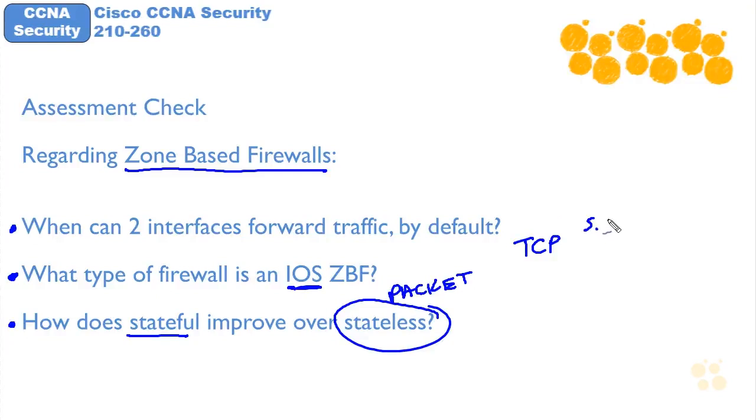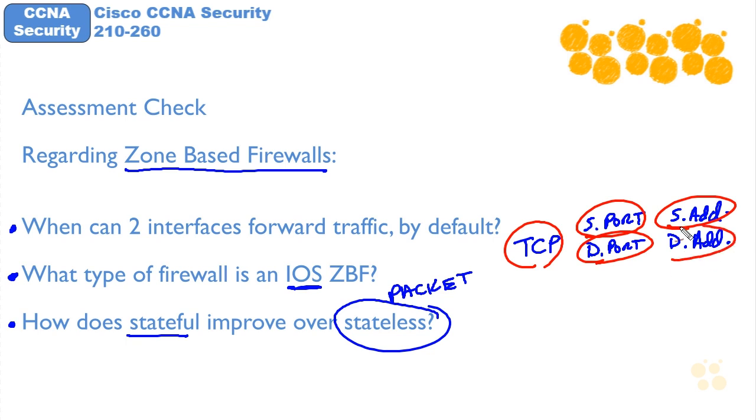So I'll put source port, source address, and we have destination port and destination address. So if we look at that, that is pretty much 5 different elements, and that's often referred to as the 5 tuples, however you pronounce that, the 5 tuples that we could filter on with packet filtering, and that's what stateless normally gives us with packet filtering.